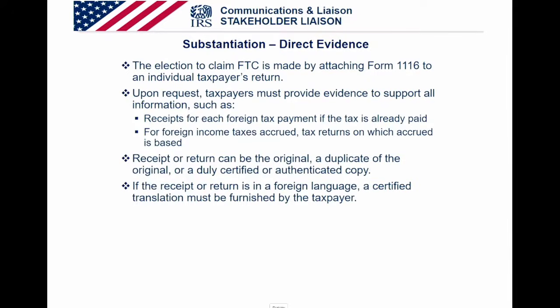So claiming the FTC is an election, and we stated earlier the election is made simply by attaching Form 1116 to the individual's Form 1040.